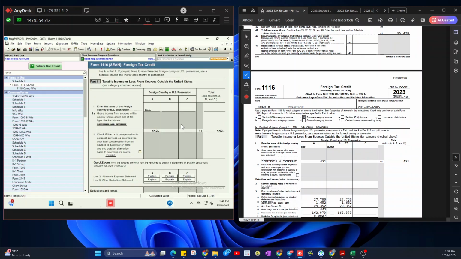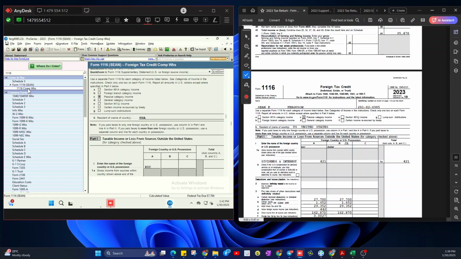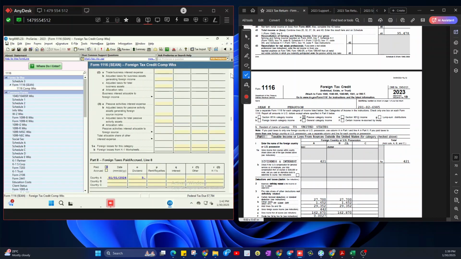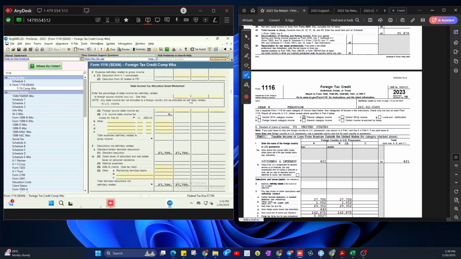We need to put here, because this is in Japan, just have to put the Japan here.